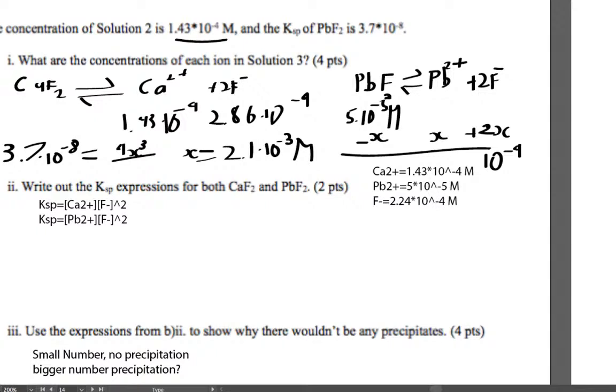When you plug the entire thing into your formula, you should get 1.43 times 10 to the power negative 4, and then you multiply that by 2.24 times 10 to the power negative 4.